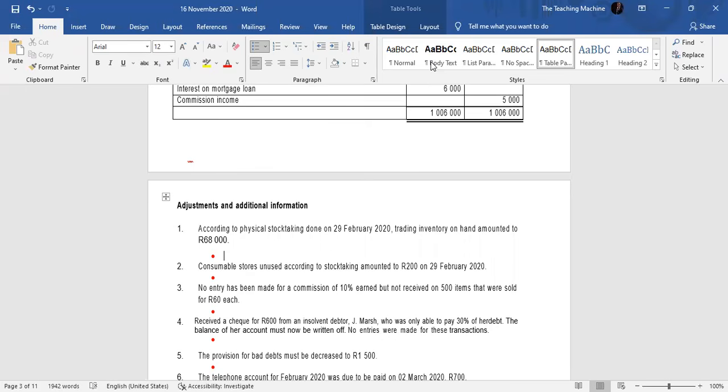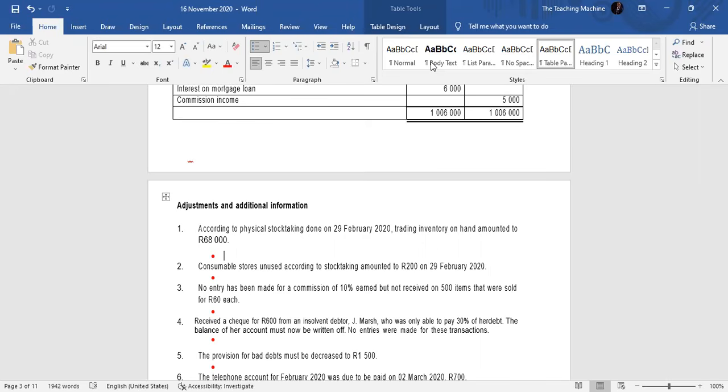Okay, so this is the value of the trading stock that we call the net realizable value. Okay, so when doing the statement of financial position, we disclose the value of assets as per the net realizable value. So this is the value of the trading stock that was determined using the physical stock taking.